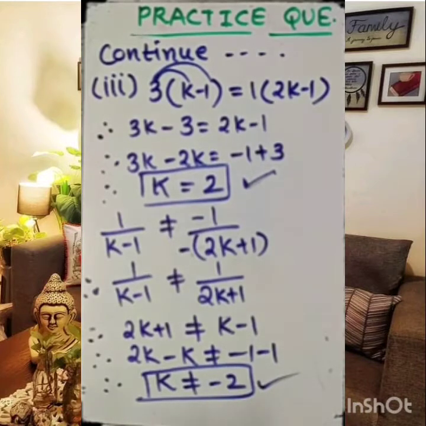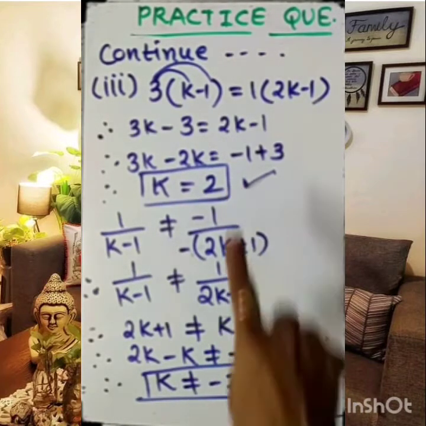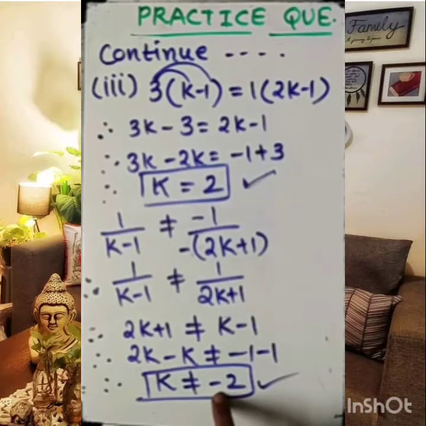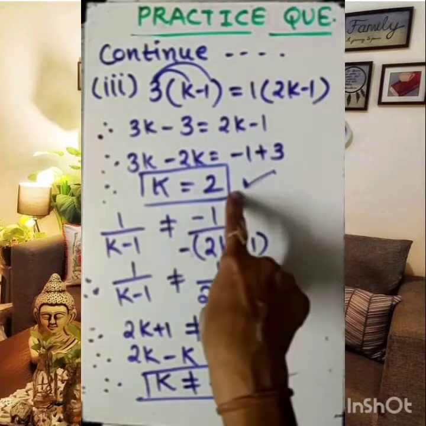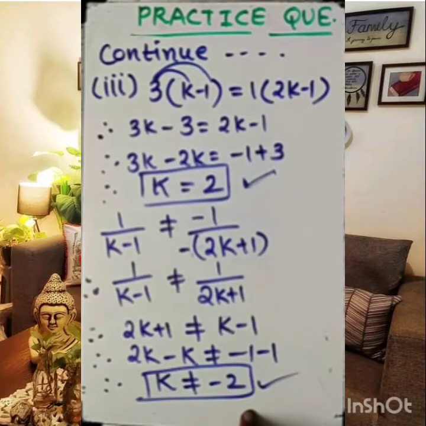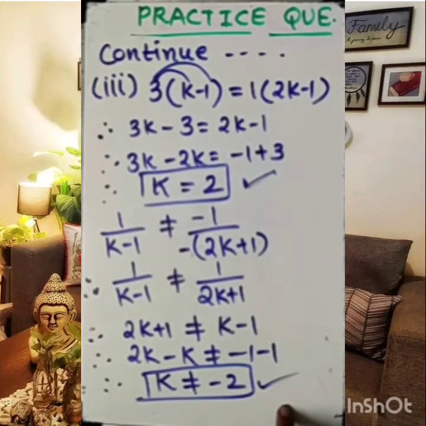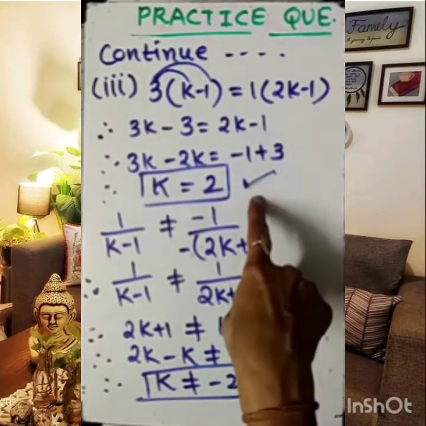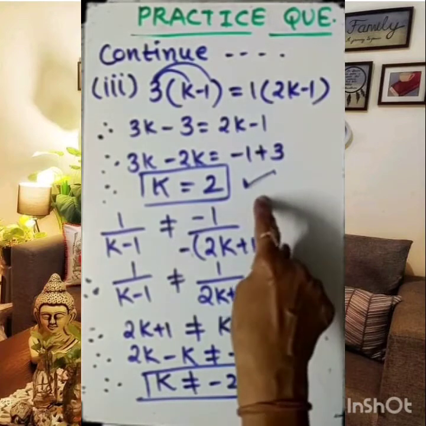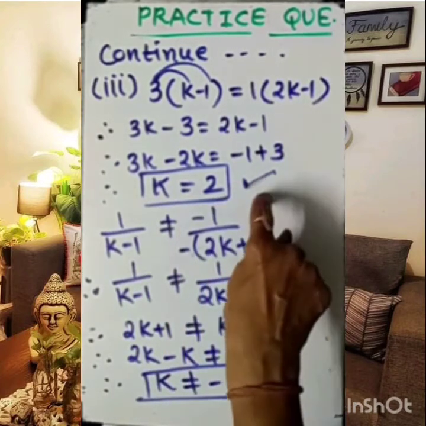Means the value of k must be positive, not negative here. So if in the bracket there are two options given, choose both of the options. But here in the question there isn't any option, so you need to mention both of these things this way. Got it? So write the correct solution for the value of k, that we can say it is 2 only.